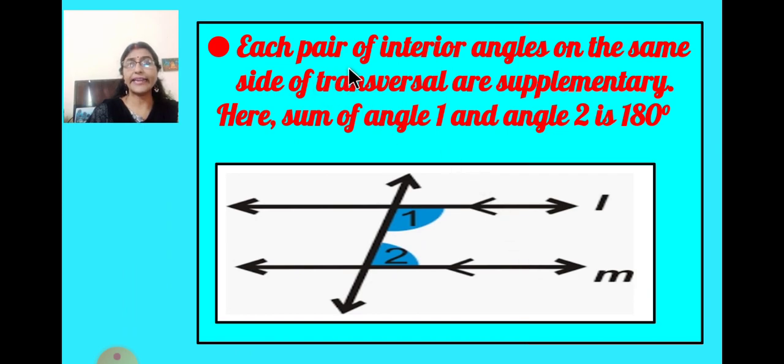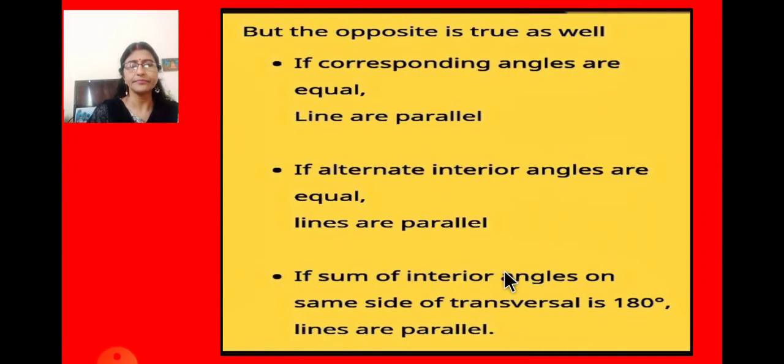Then we have learned each pair of interior angles on the same side of transversal are supplementary. Here you can see sum of angle 1 and angle 2 is 180 degree. They are co-interior angles and their summation is 180 degree.